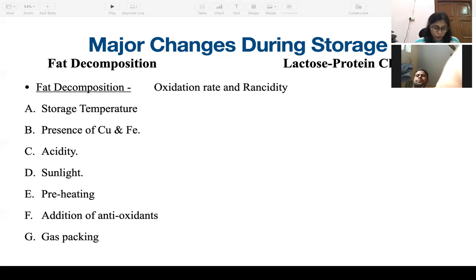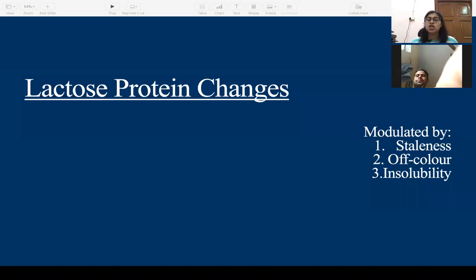So we reduce the oxygen content of the air in the head space to less than 2%, or we create a partial vacuum environment having nitrogen in it. These two steps roughly double the shelf life of the milk powder produced, hence increasing the keeping quality of the milk. Clear?